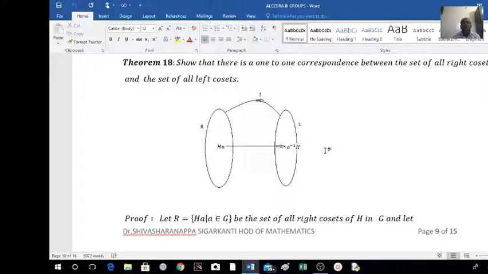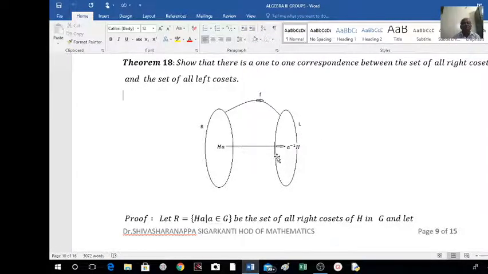Here A belongs to G, which means A inverse also belongs to G. Therefore A inverse H is a left coset. So the set of left cosets consists of A inverse H, B inverse H, C inverse H, D inverse H, like this.